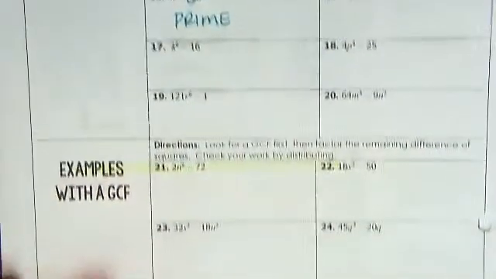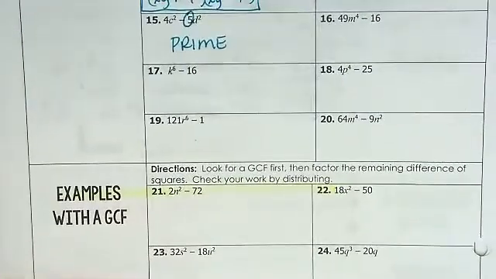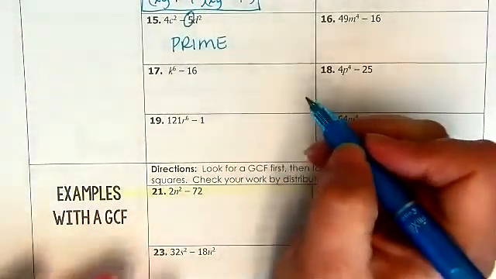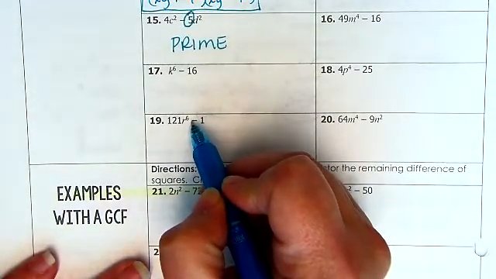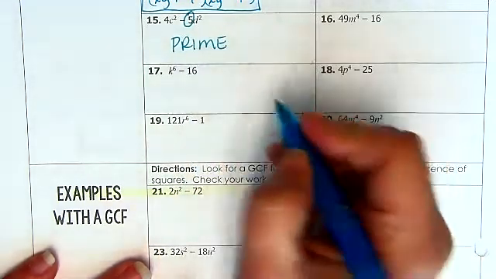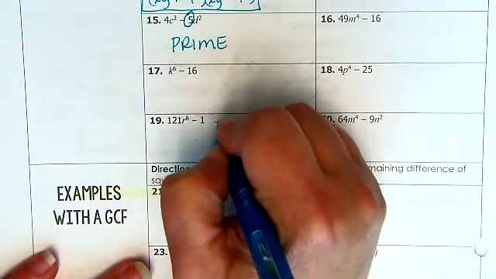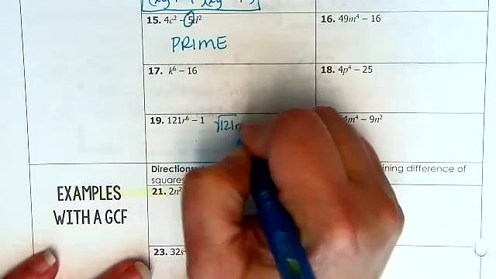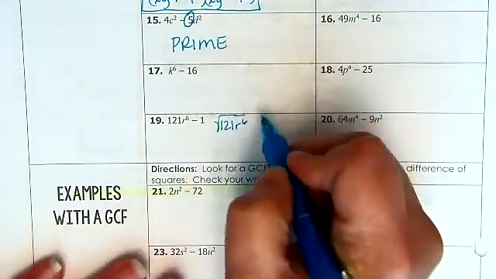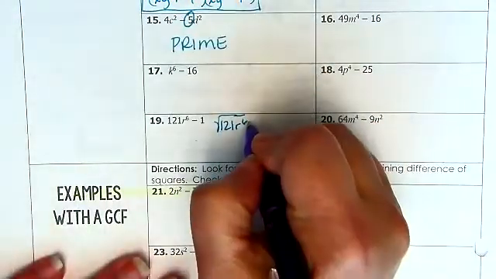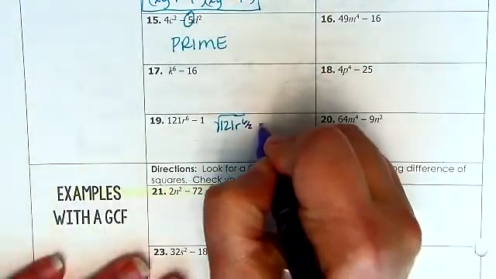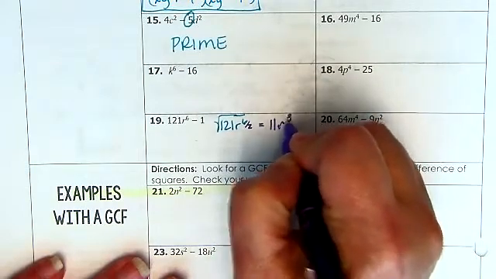Okay, jumping down and looking at number 19. With this one, I've got something other than squared here. I've got a 6 as an exponent. So that means the square root of 121r to the 6th, when I take the square root, I'm really dividing that 6 by 2. So I'm going to end up with 11r to the 3rd.